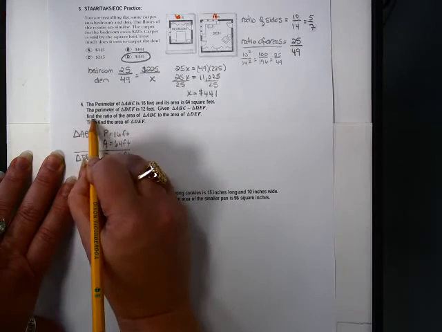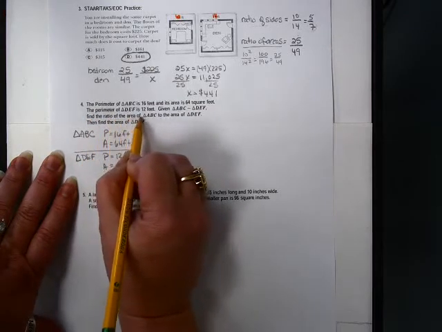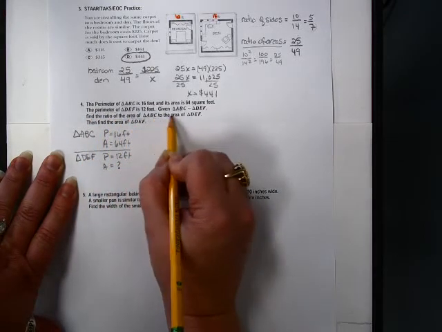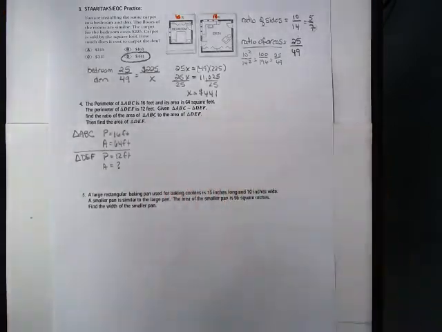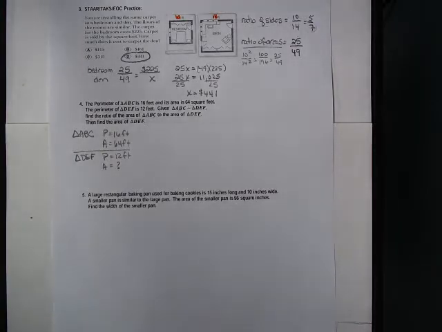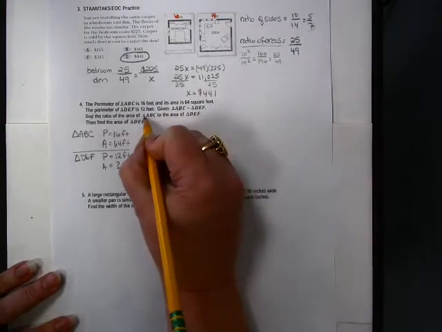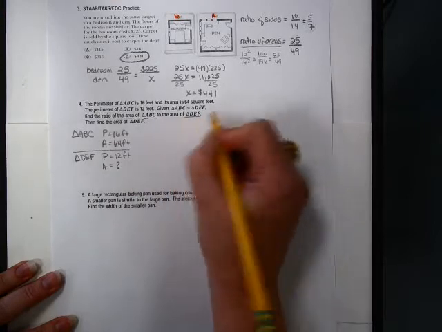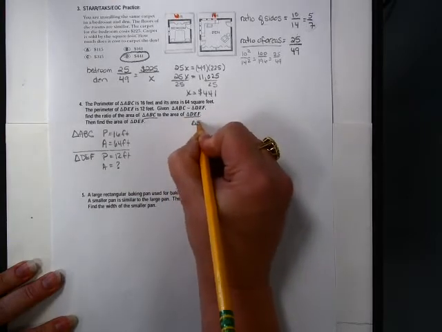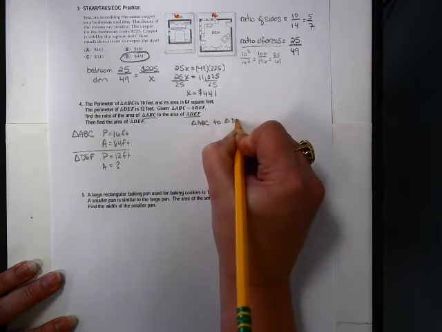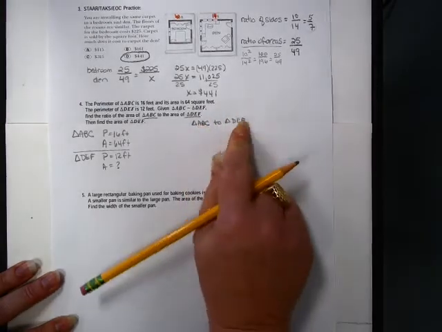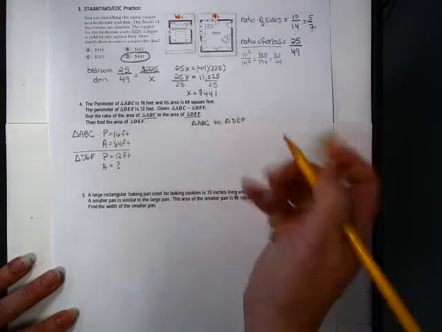And it says, find the ratio of the area of triangle ABC to DEF. Well, I can do that with the information that I have. First of all, remember that we're going to find ABC to DEF. So I'm going to write that down, triangle ABC to triangle DEF. That means ABC goes on top, DEF goes on bottom.